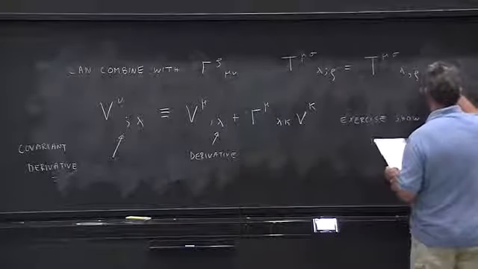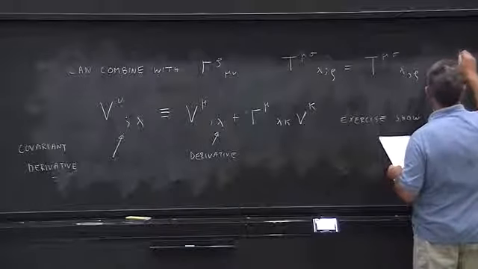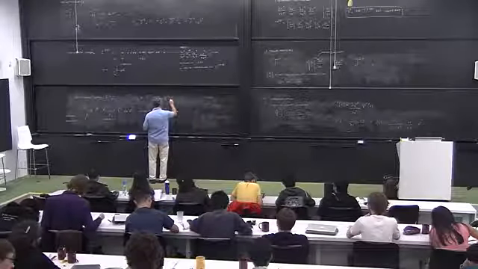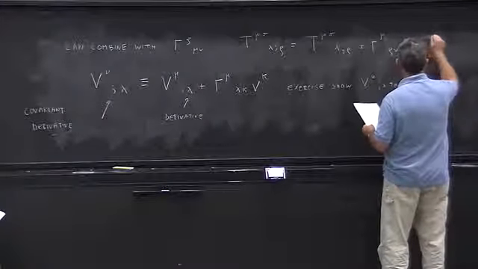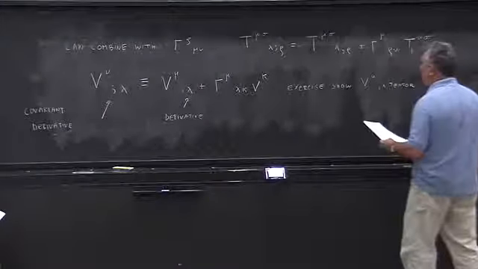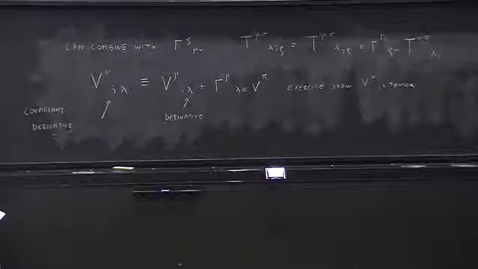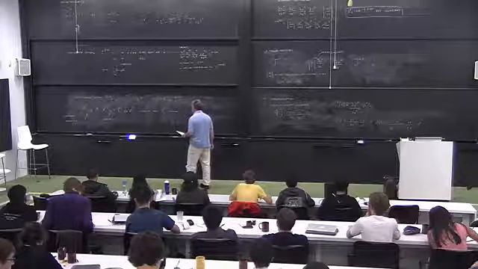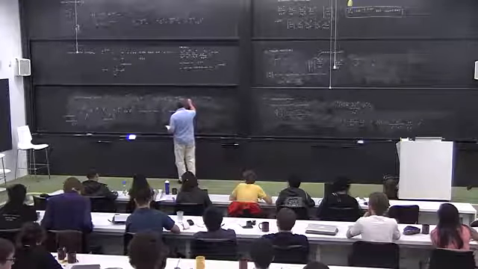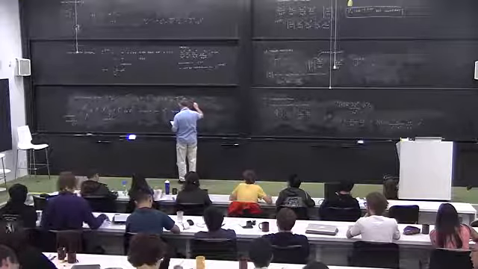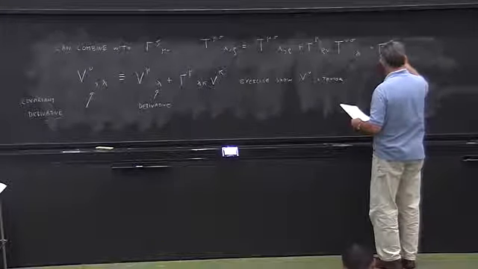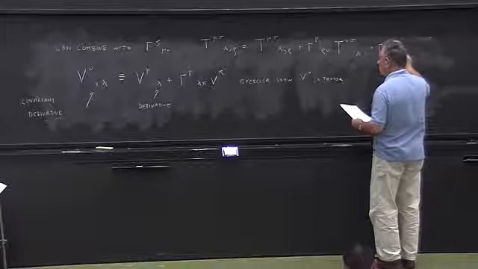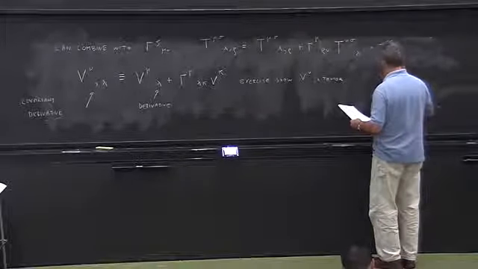So there'll be a Γ^μ_ρν T^μσ_τ to take care of the λ index. Then there'll be a Γ^σ, sorry, λμ.